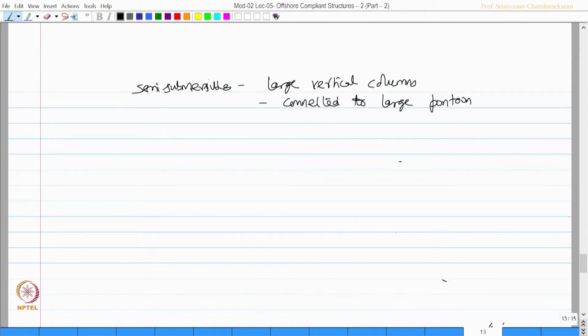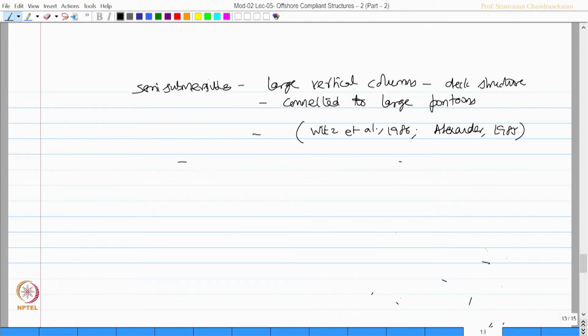So, semi-submersibles have large vertical columns which are connected to large pontoons. Columns actually support the deck structure. More details can be seen in researchers like Witz et al. 1986, Alexander 1985.